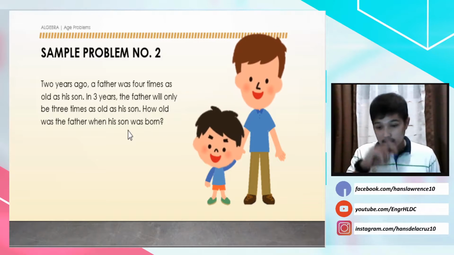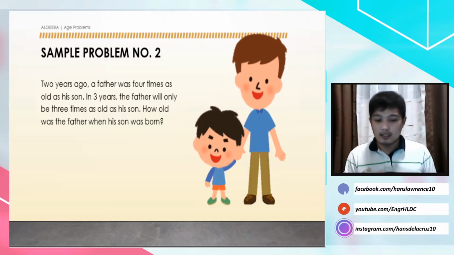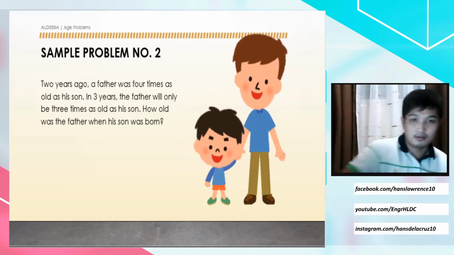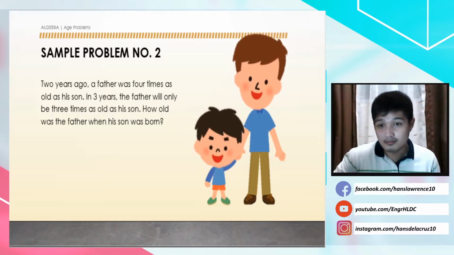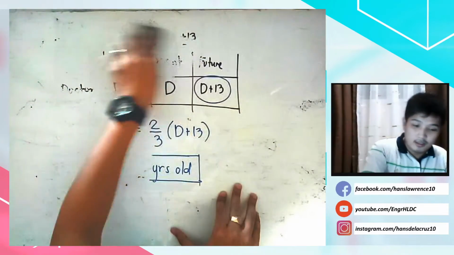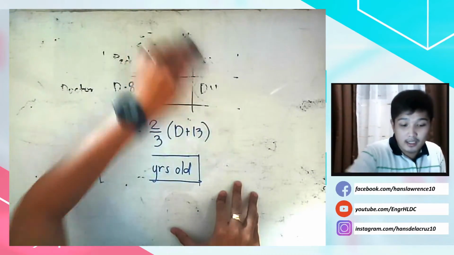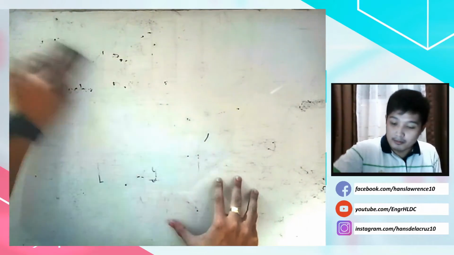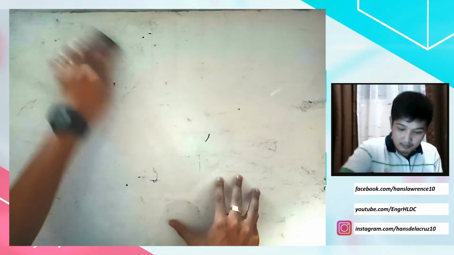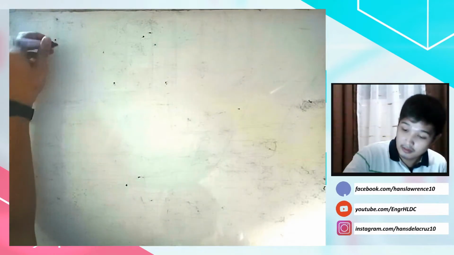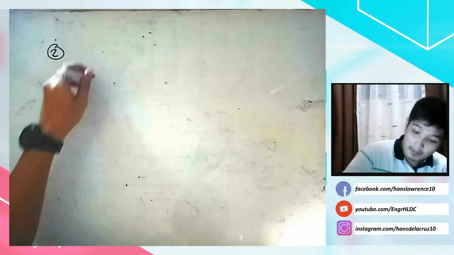Okay? So, anyways, ayan, i-convert na natin yan or i-tabulate na natin yung mga given data. So, okay. So, mayroong past, mayroong syempre present, and then mayroong future base dun sa problem. Okay, so number 2. So, tatlo ulit.